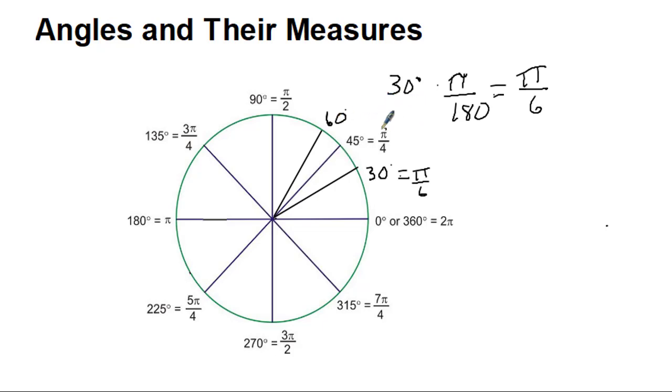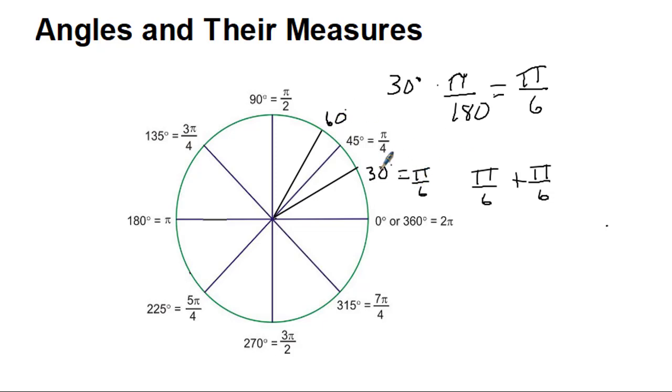Well, there are two ways to do it at this moment. One way is to convert 60 degrees to radians, or if I already know I have pi divided by 6, I'm going to add another pi divided by 6. Because it's the same: 30 plus 30 is going to be 60.